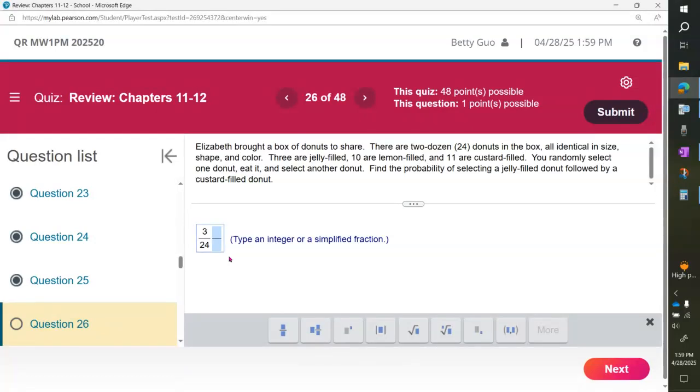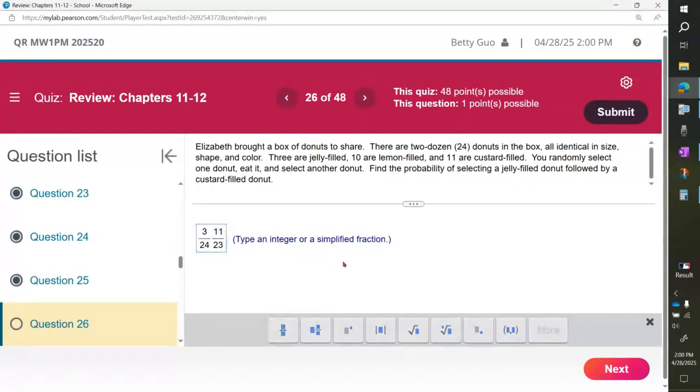Multiply by another probability. This probability is going to be conditional. Now we have to make sure the second step gets a custard-filled donut. When we select the second donut, we do not have 24 donuts left, we only have 23 donuts left. Among the 23 donuts left in the box, how many of them are custard-filled? 11.